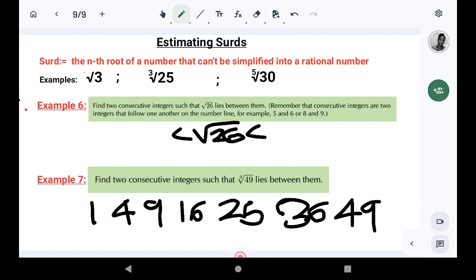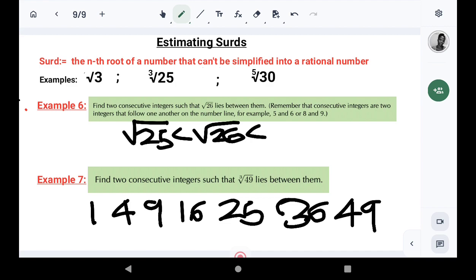Now you go back to your number, the square root of 26, and then find the square of a number right next to 26, but to the left. In other words, the biggest square you can find that is smaller than 26, and that's 25. So you write the square root of 25 on the left hand side.